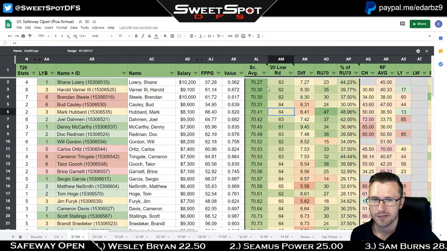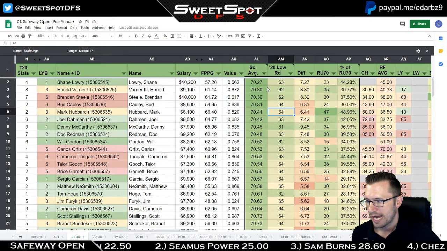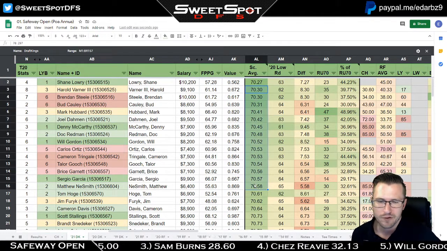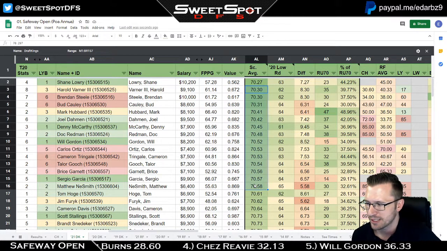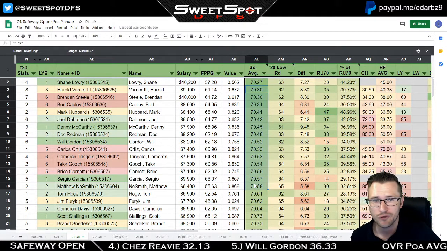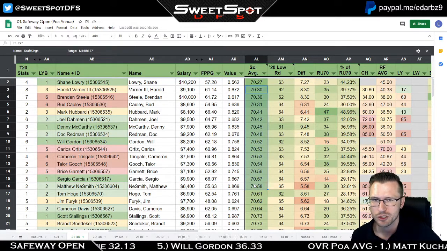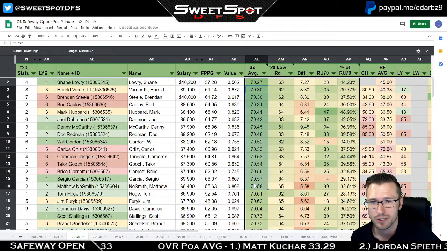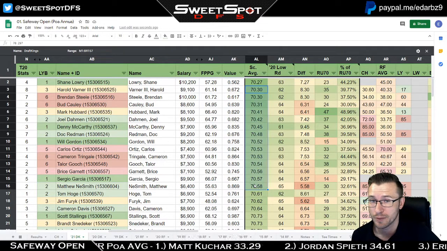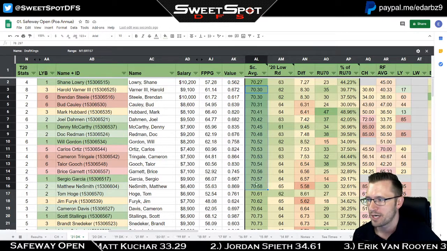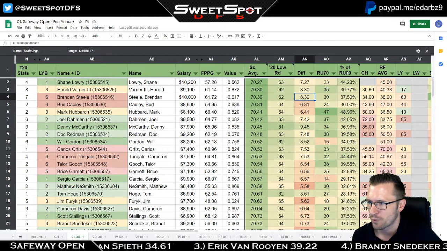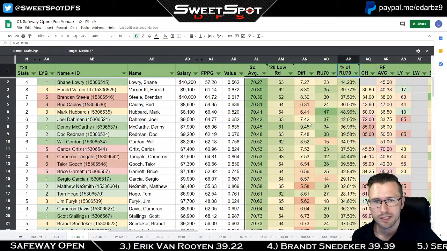This is a par 72 golf course. Having this scoring average low, part of these numbers also have baked in just your general scoring average. If some of these golfers only play par 70s and par 71s, their scoring average is going to be good. But I also have included rounds under 70.